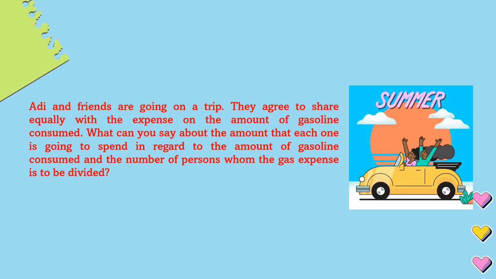Therefore, the cost C varies directly to the amount of gasoline G, and inversely to the number of persons P whom the gas expense is to be divided. So this kind of variation, which involves both direct variation and inverse variation, is called the combined variation.